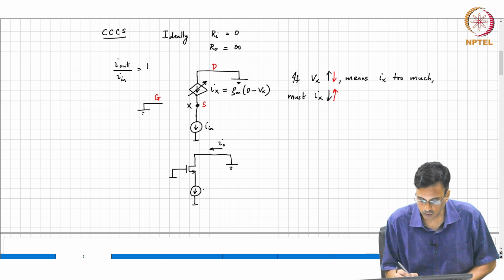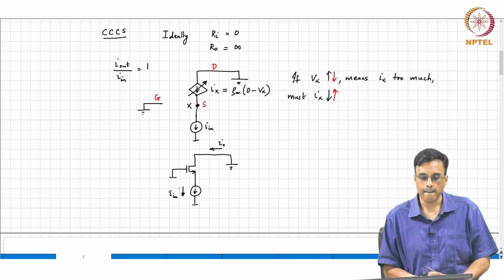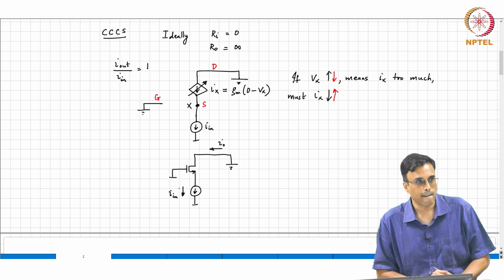This is I0, this is I in. Alright, and what do you call, ideally what should that Gm be? Ideally you would like that Gm to be infinite.